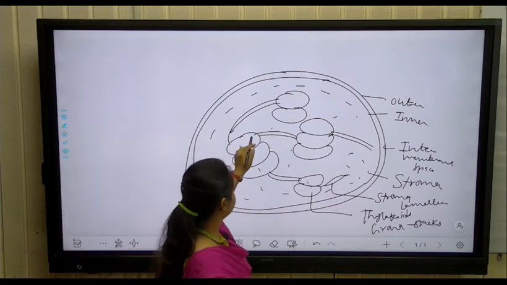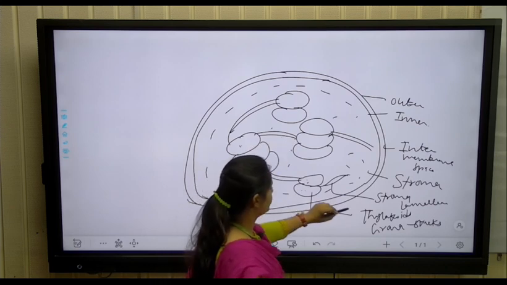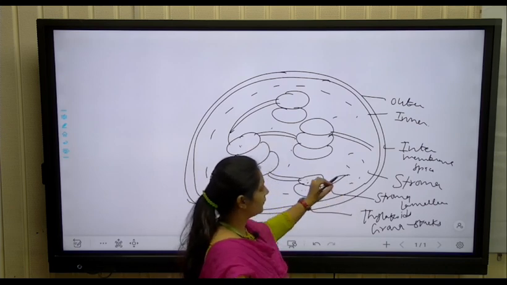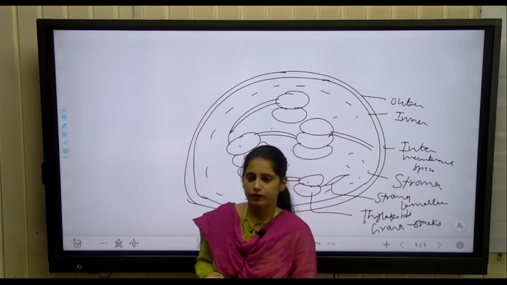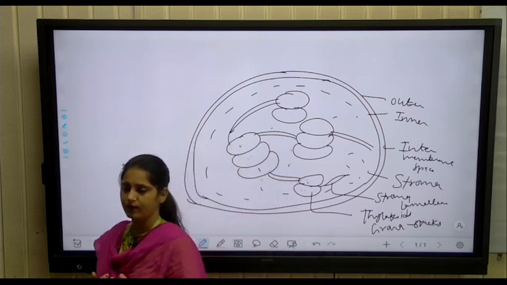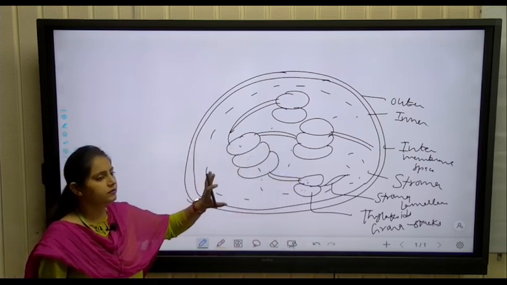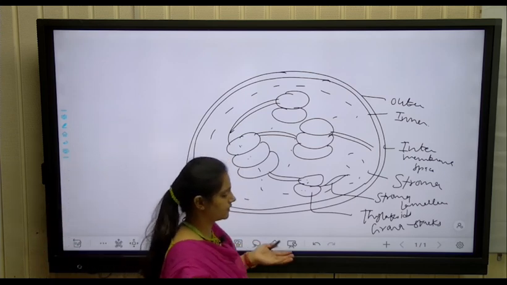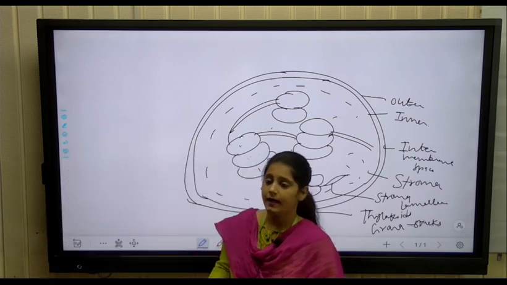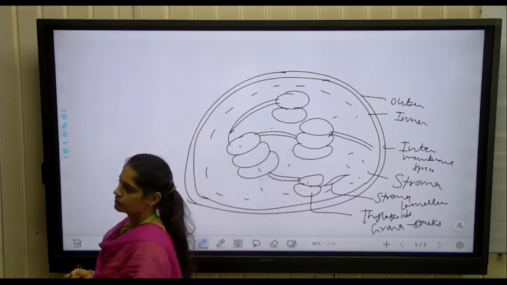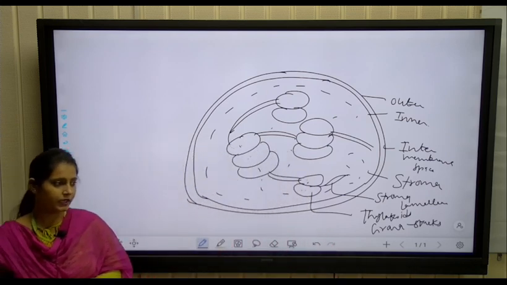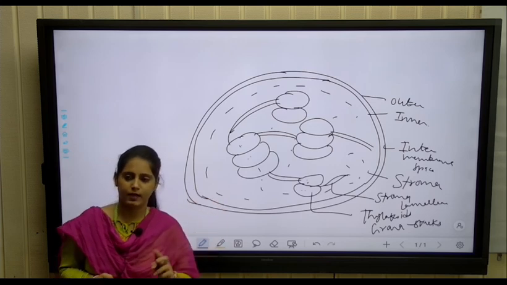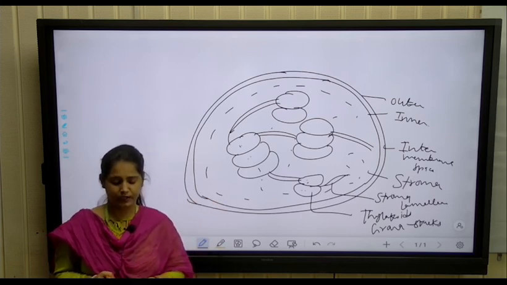So, grana are joined by stroma lamellae, and stroma provides the medium for their presence, so that they can stay in that liquid, like all the cell organelles stay inside the cytoplasm. The chloroplast also contains its own DNA, and it is a double layered membrane organelle.